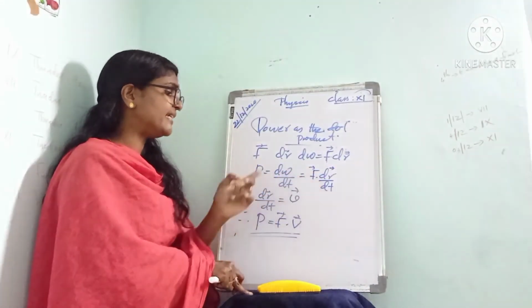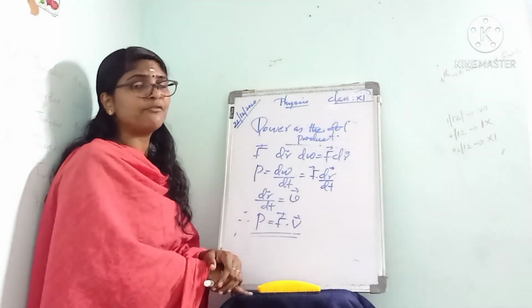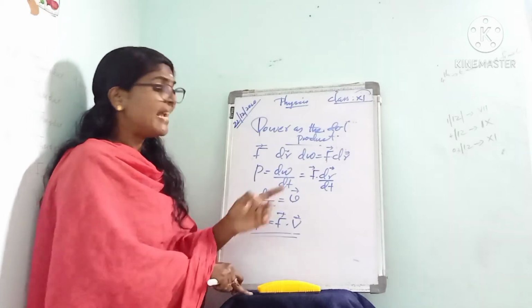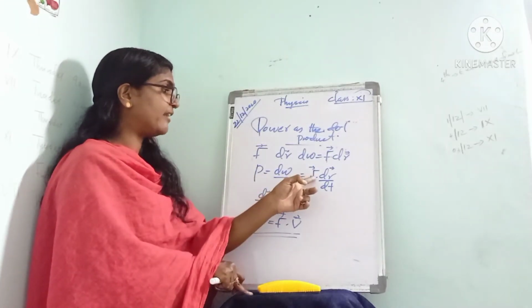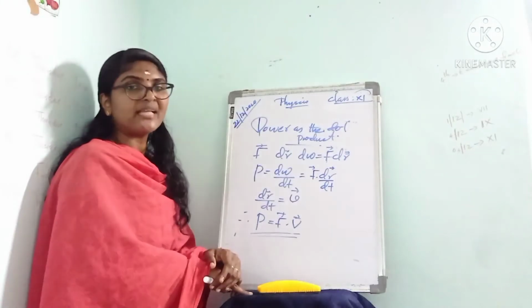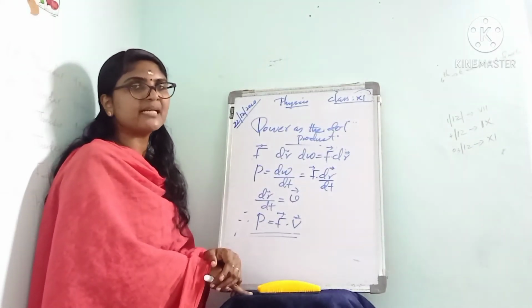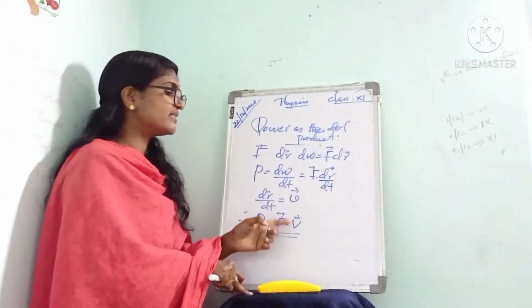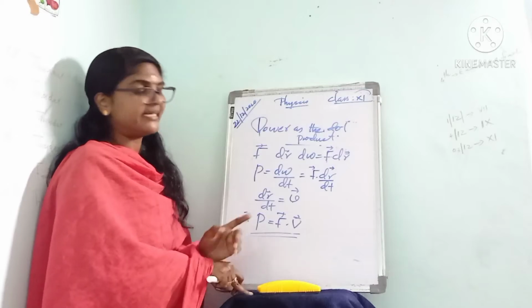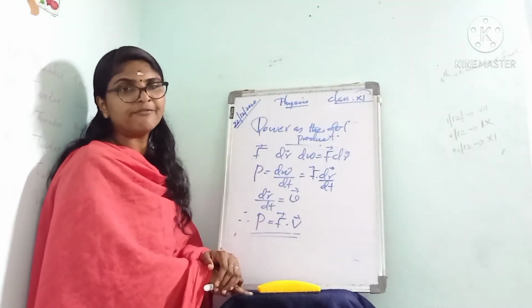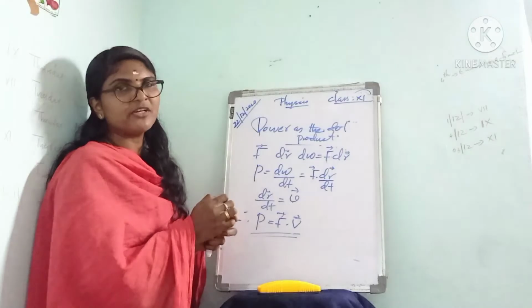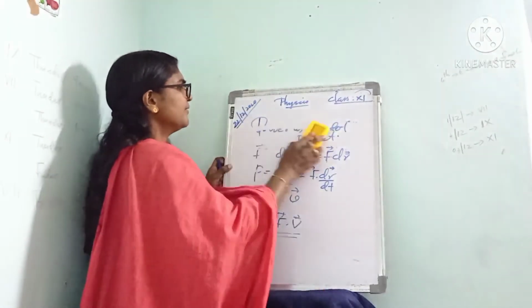Here dr by dt represents the rate of change of displacement, which is the instantaneous velocity v. So P is equal to F dot v. So the instantaneous power can be expressed as the dot product of force and instantaneous velocity, that is P is equal to F dot V. Okay, all of you got it?